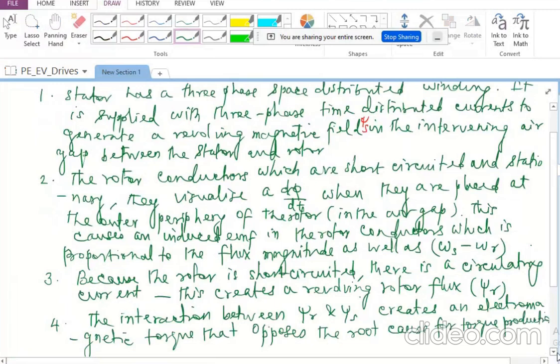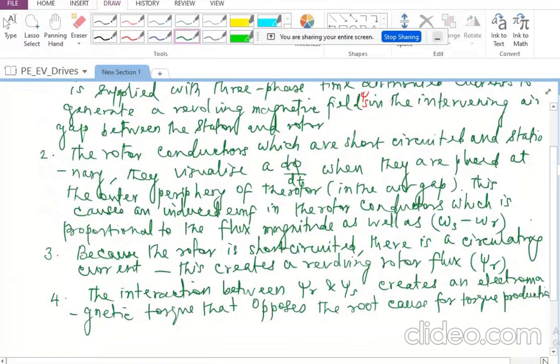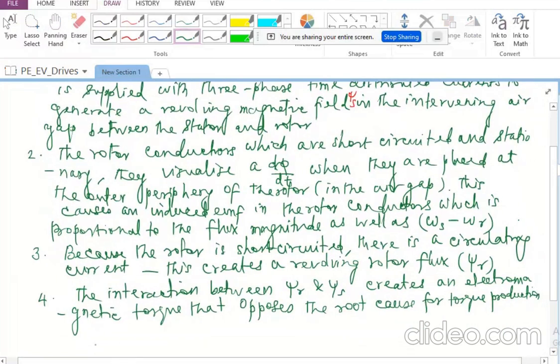So the root cause for torque production is omega s minus omega r. We already said that if omega s minus omega r had been 0, there will not be any induced EMF because it would not have seen even a rate of change of flux.